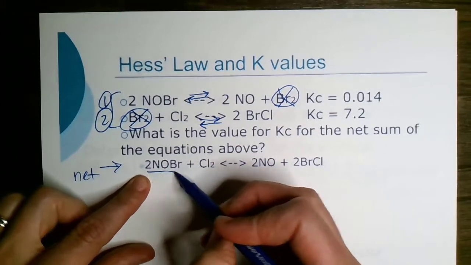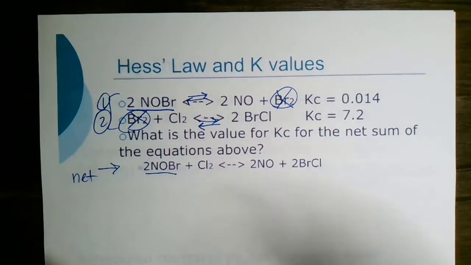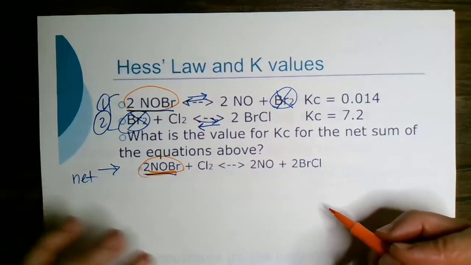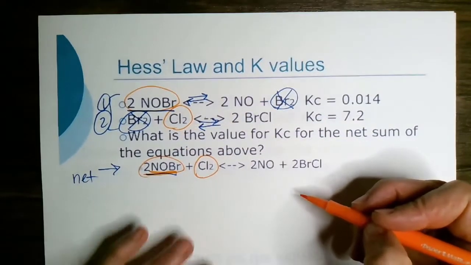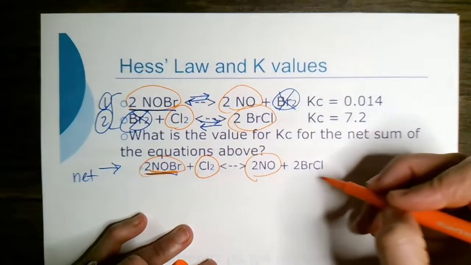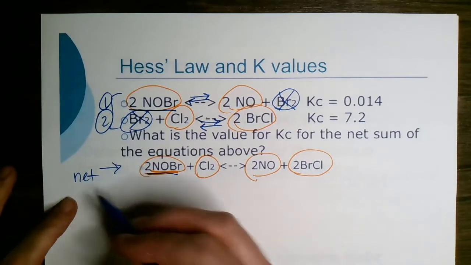And notice that I have 2 NOBr and I have 2 NOBr, so we're going to leave that be. We're good here, good there. I also have on the left side of my arrow my Cl2, we're good there. 2 NO, and 2 bromine chlorides, 2 bromine chlorides. So there is my net equation.